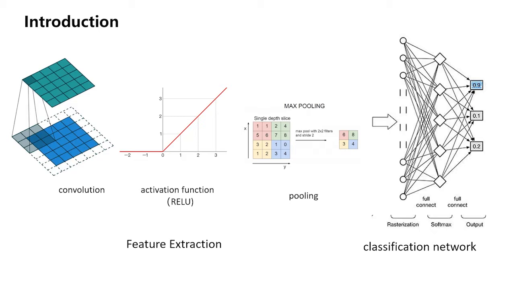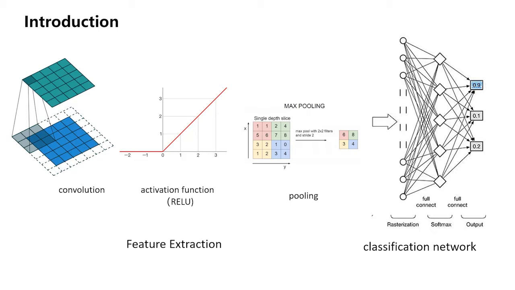Finally, after several convolutional and max pooling layers, the high-level reasoning in the neural network is done via fully connected layers. Neurons in a fully connected layer have connections to all activations in the previous layer.